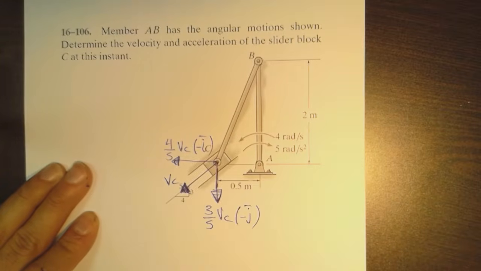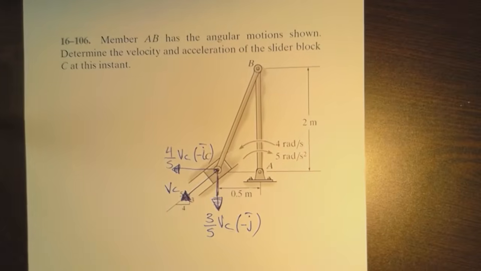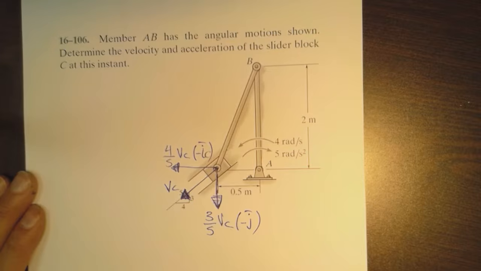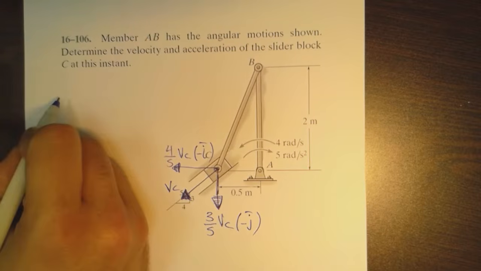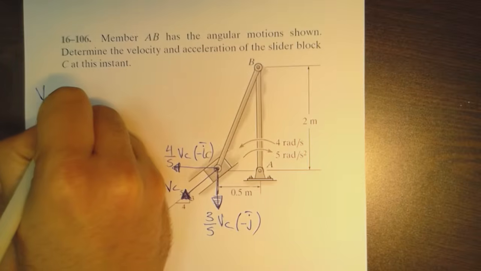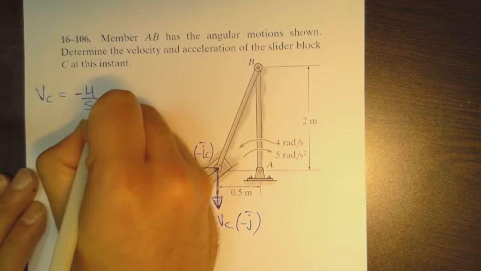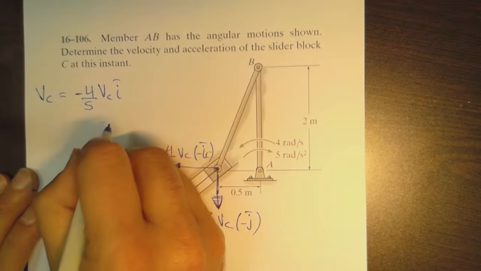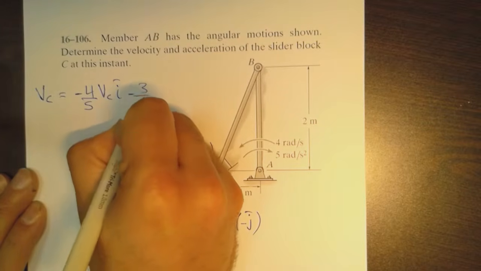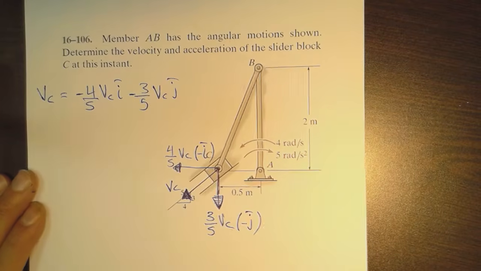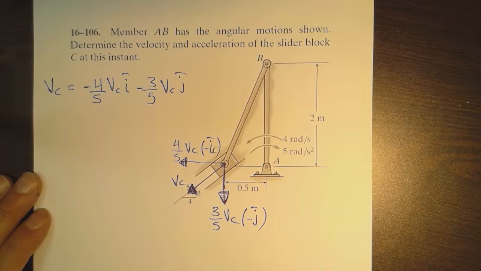All right. Now we can conveniently write that VC here is equal to minus 4 over 5 VC i, which is this component, and continuing to say minus 3 over 5 VC j. So that's what we have regarding the velocity as a vector.